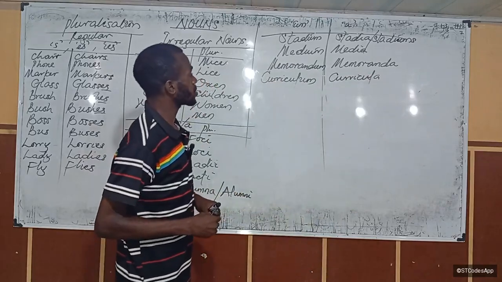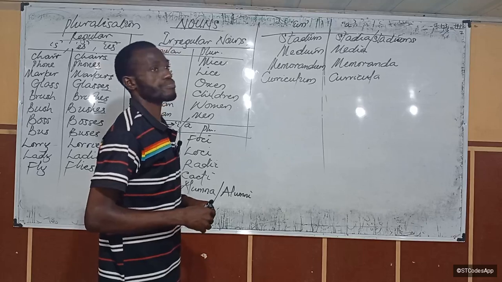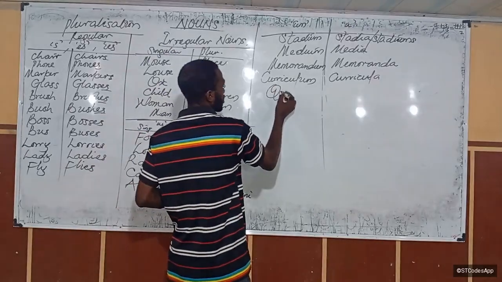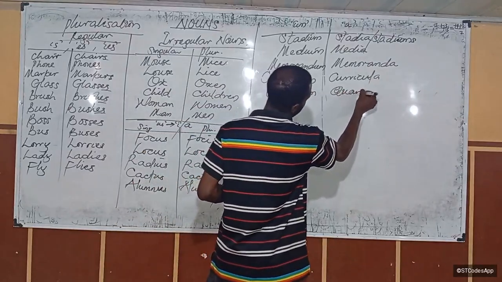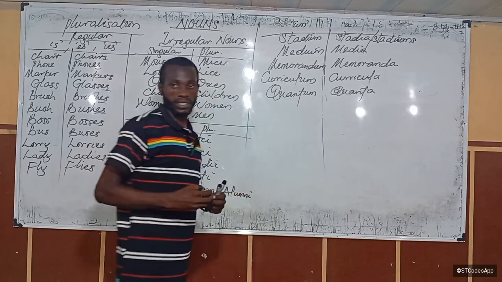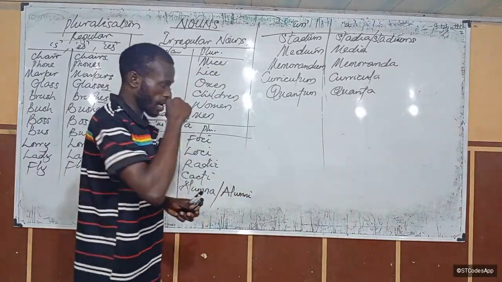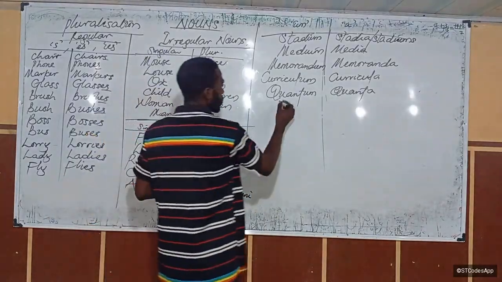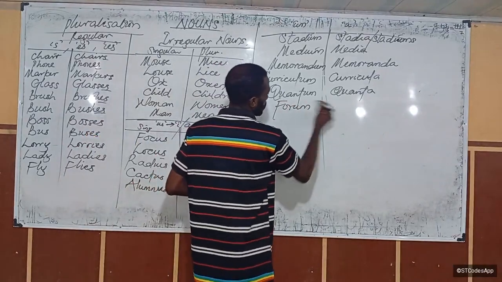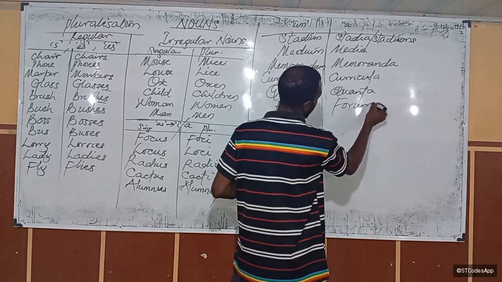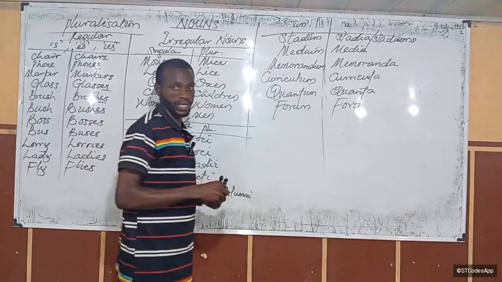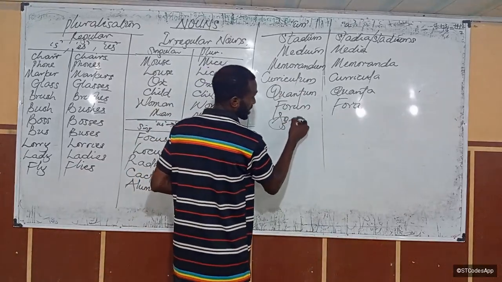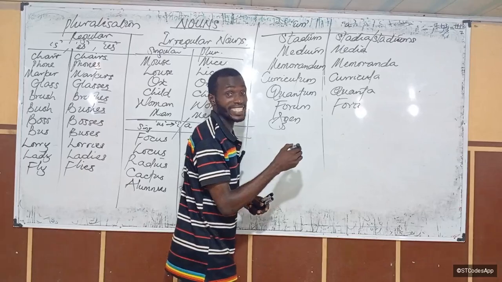Give me other words. Quantum of energy, right? Quantum becomes what? Quanta, isn't it? All right. Forum. We had a forum. We had what? Fora. Yeah. Does that make sense? I have an agenda. Addendum.